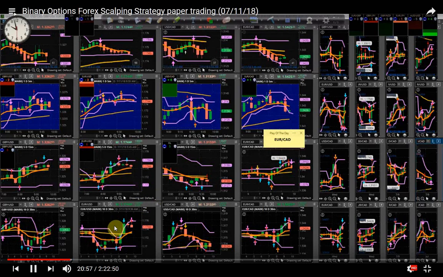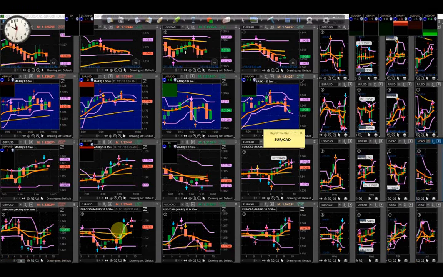You need to understand that if you trade this way, and I trade this way now. I used to be 5 pips. I used to be 10 pips. But now some of my trades are like 30, 40, 50 pips, and I'm doing less and less trades. I might be doing 8, 9, maybe 10 trades a day, and I'll show you that in a bit.